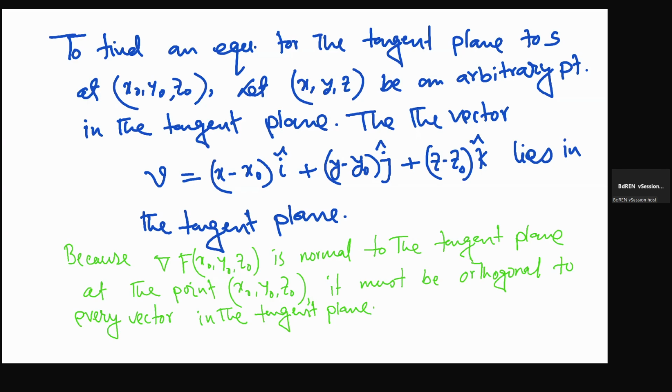So we can say that gradient of f at (x naught, y naught, z naught) dot any vector v equal to 0.